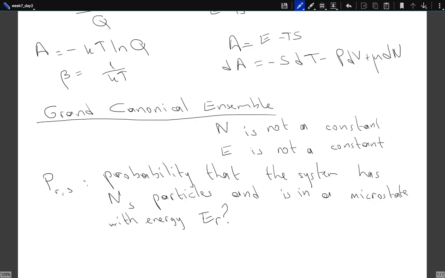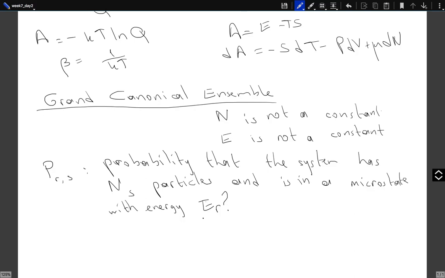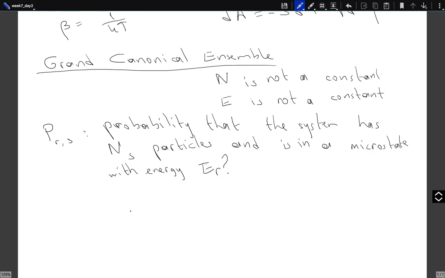Since the number is also constantly changing, of course we will still have some constraints. On the average, the system will have some kind of an average energy, which we can write as P_RS times E_R, summed over all microstates, or all possible values of R and S. And there will be an average number of particles.